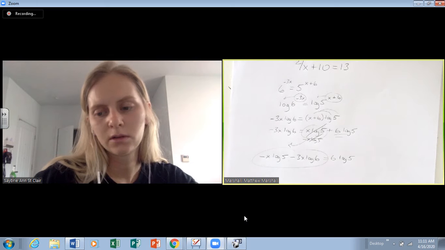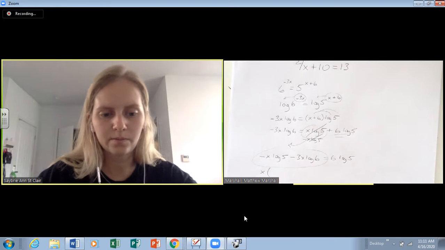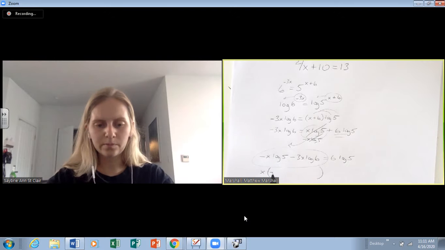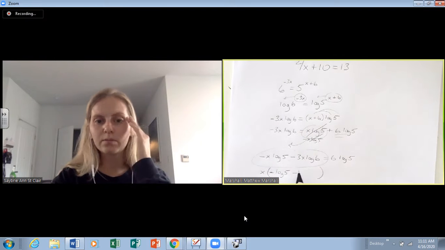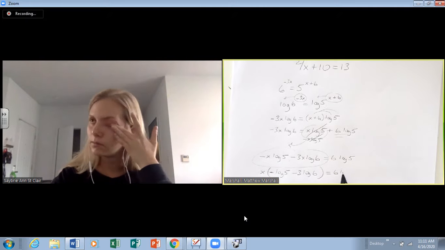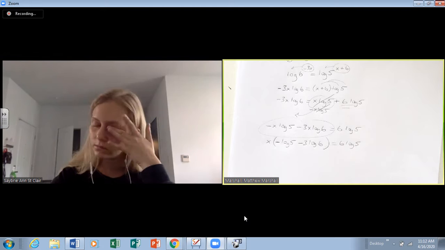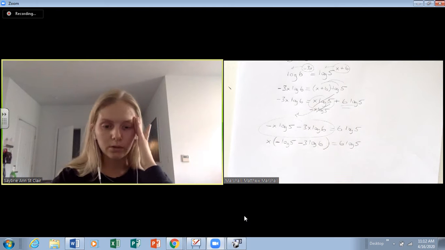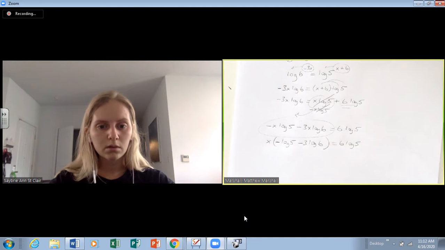So if I take out an x out of this and put an x out front, what would have to be in there to get that back would have to be negative log 5 minus 3 log 6 equals that 6 log 5. So what I did is I factored out a positive x out of this. Kind of brutal, huh? I could see why these were just sucky.